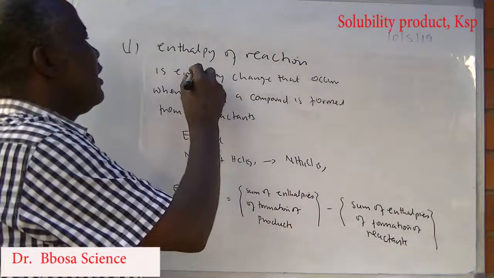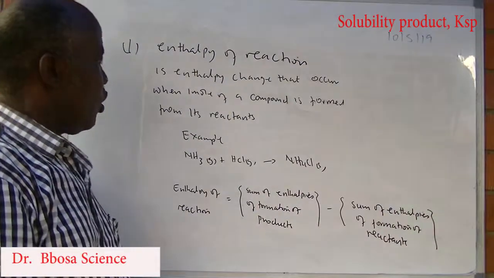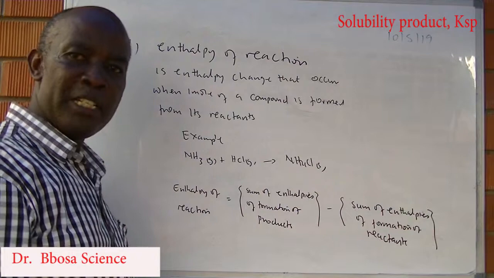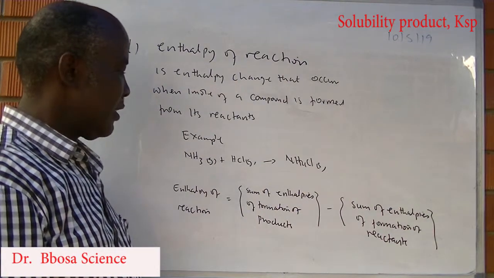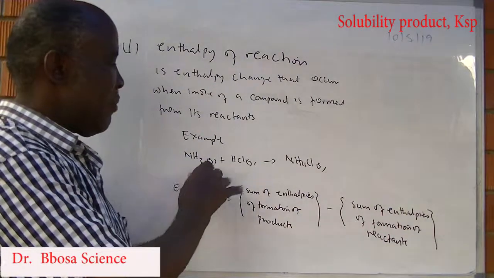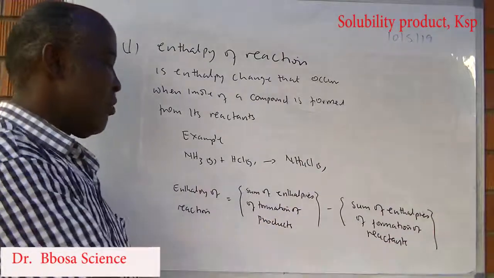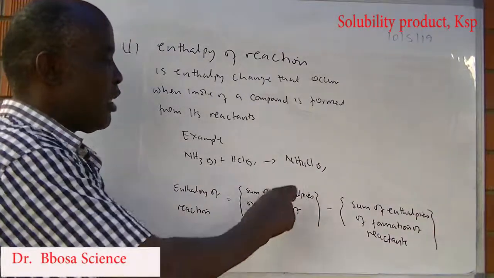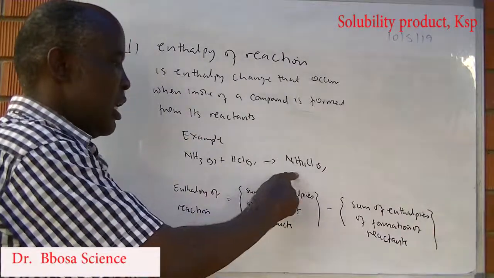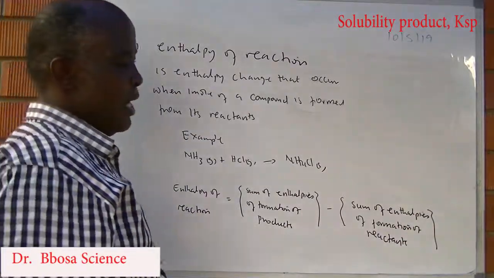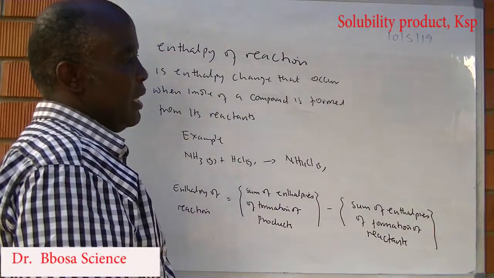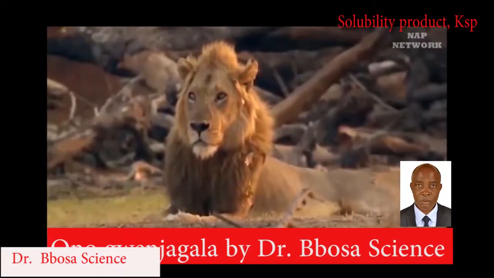Enthalpy of reaction is the enthalpy change which occurs when one mole of a compound is formed from its reactants. For example, ammonia plus HCl, you get ammonium chloride. The enthalpy of reaction will be equal to the sum of enthalpy of formation of the products minus the sum of enthalpy of formation of the reactants.